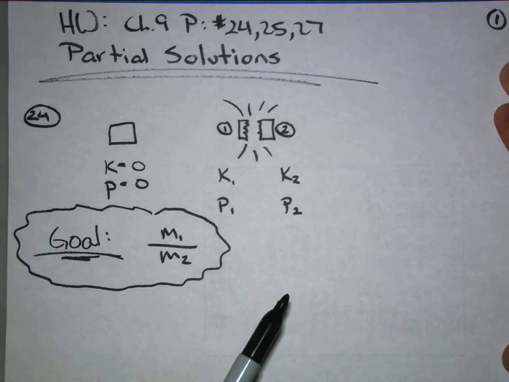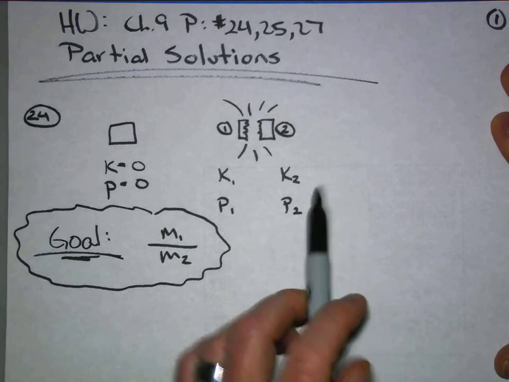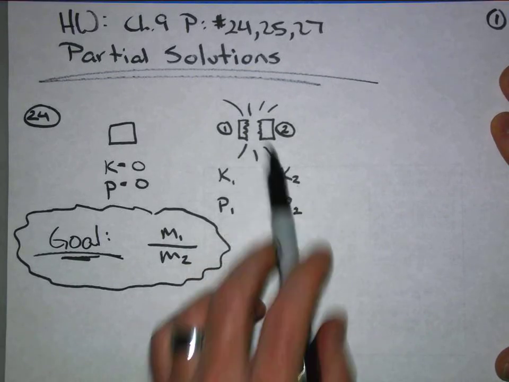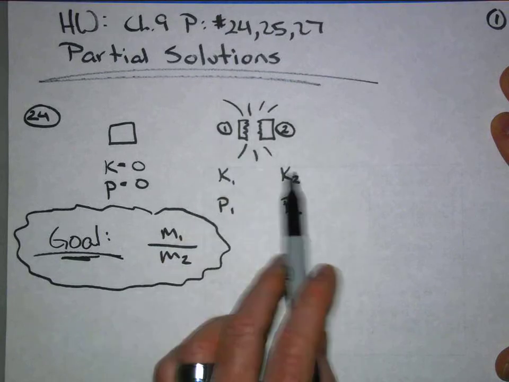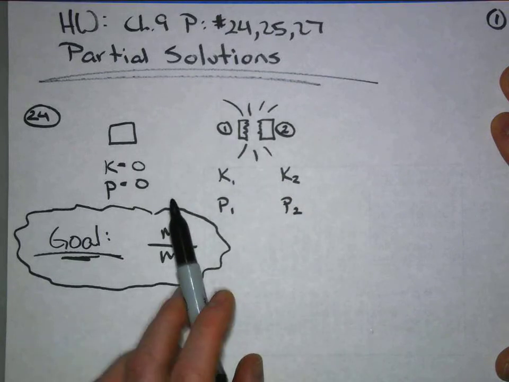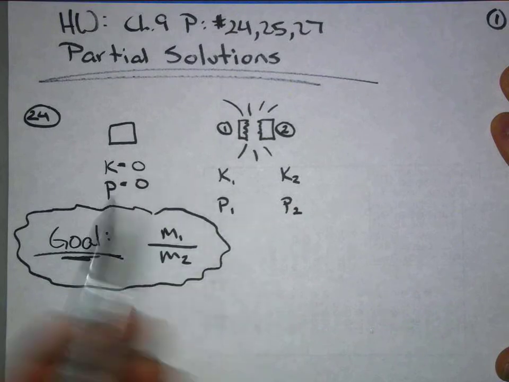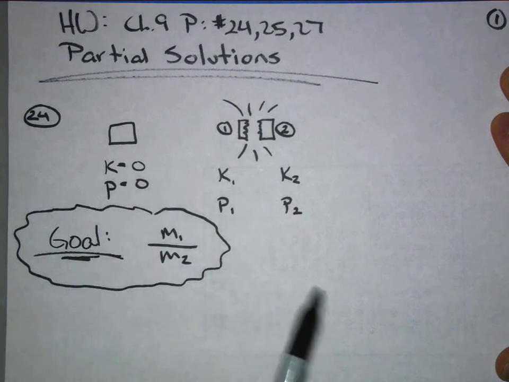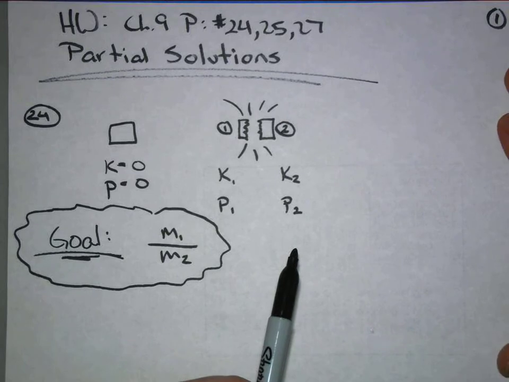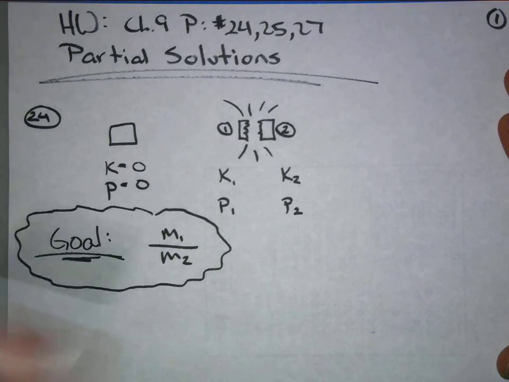Now, as an aside, you should notice something here. After the explosion, there is kinetic energy in our system, whereas beforehand, there was not. So kinetic energy is not conserved here. But the key for this will be in the momentum.